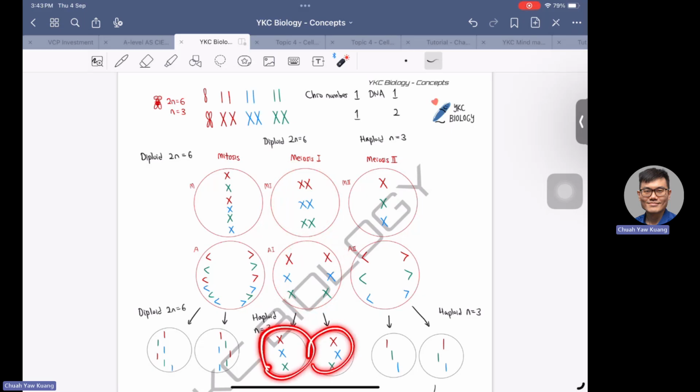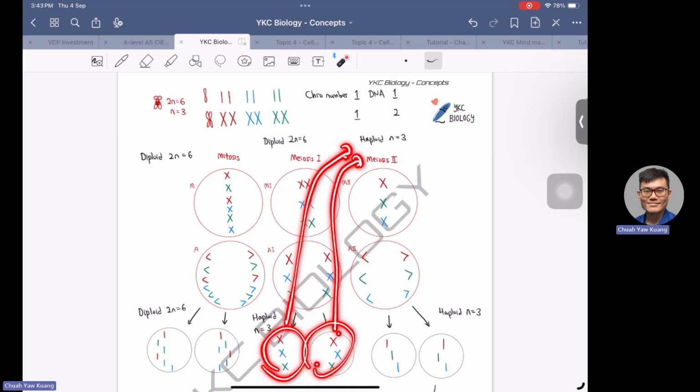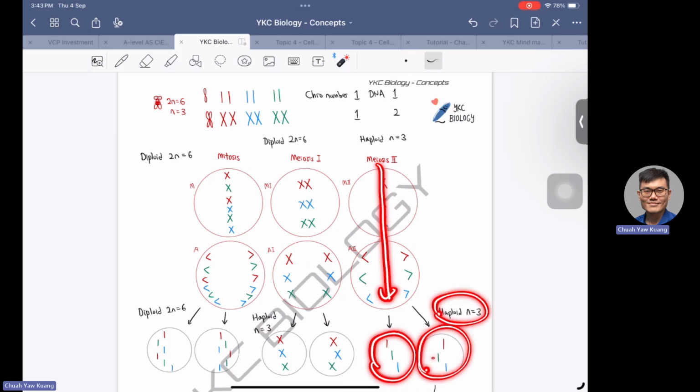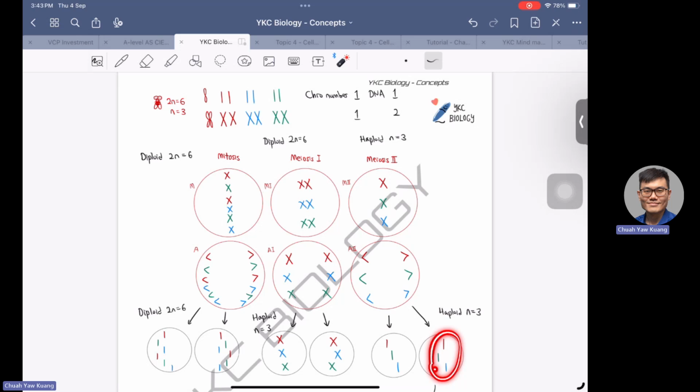At this time, these 2 daughter cells are both haploid. Then these two daughter cells will both undergo meiosis 2, and each of them will form another 2 daughter cells, which are also haploid, n equals 3. So this is the chromosome behavior in all the daughter cells.